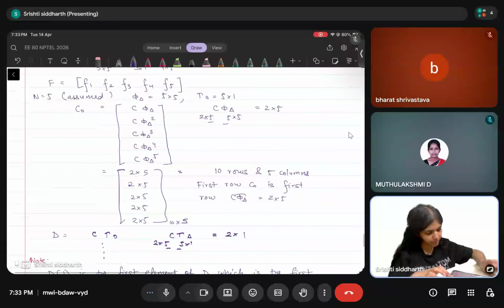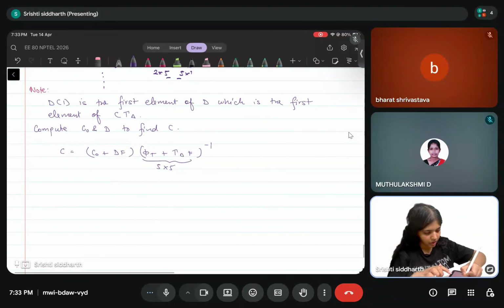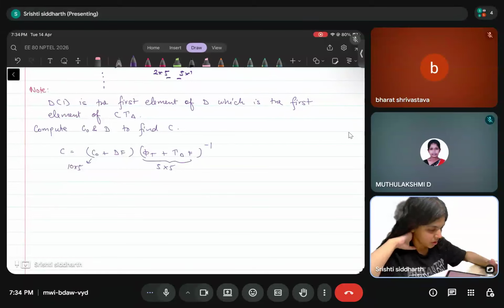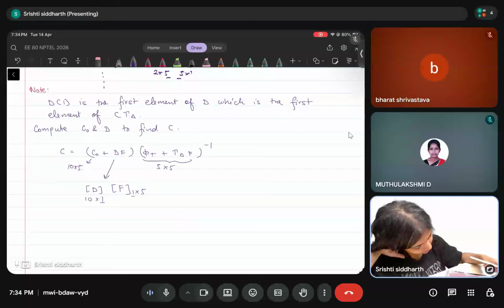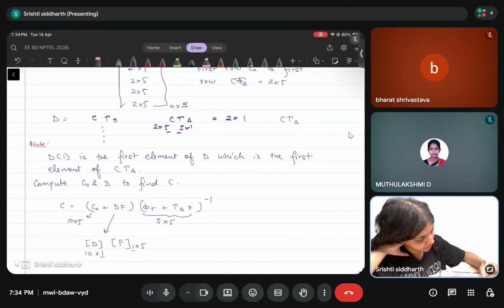C0 was 1055, so D should be 10 by 1. We have C gamma delta, right? So C gamma delta is 2 by 1. Okay.